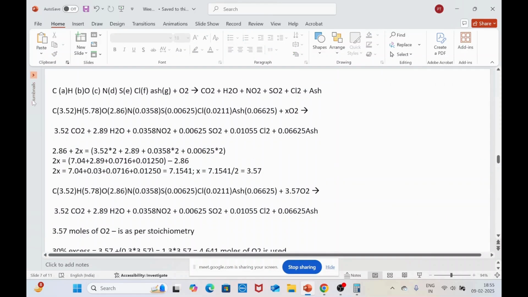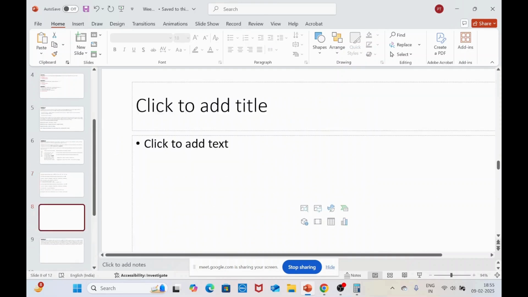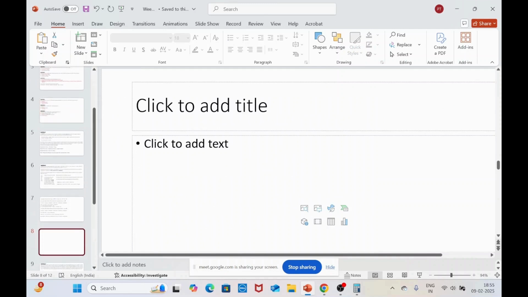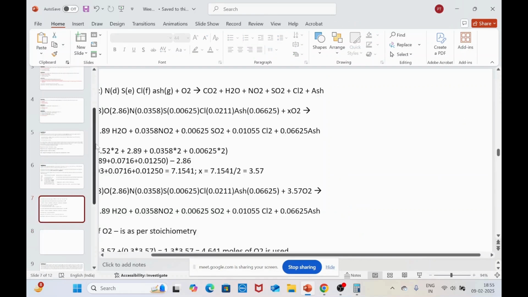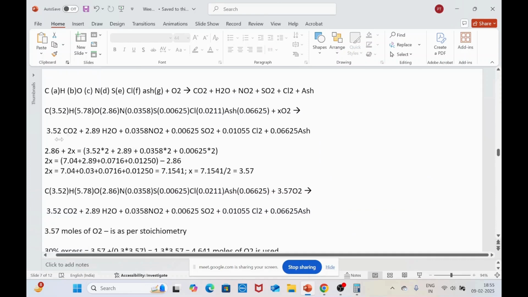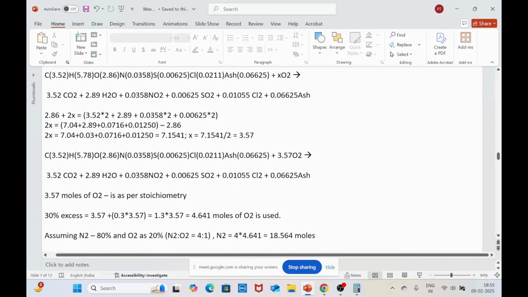So let me take another slide. What we need to do here is calculate the total number of moles of the flue gas that will get generated. So let me do one thing. I'll just copy this.